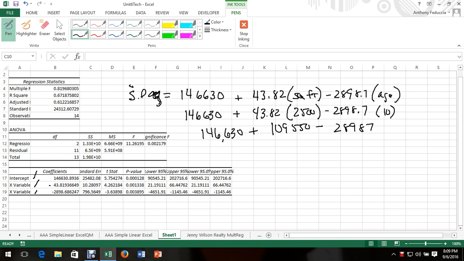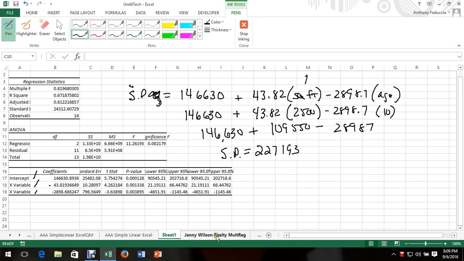So if you do that, 14,630 plus 109,550 minus 28,987, we get 227,193. That should be the predicted selling price for a house that has 2,500 square feet and is 10 years old.